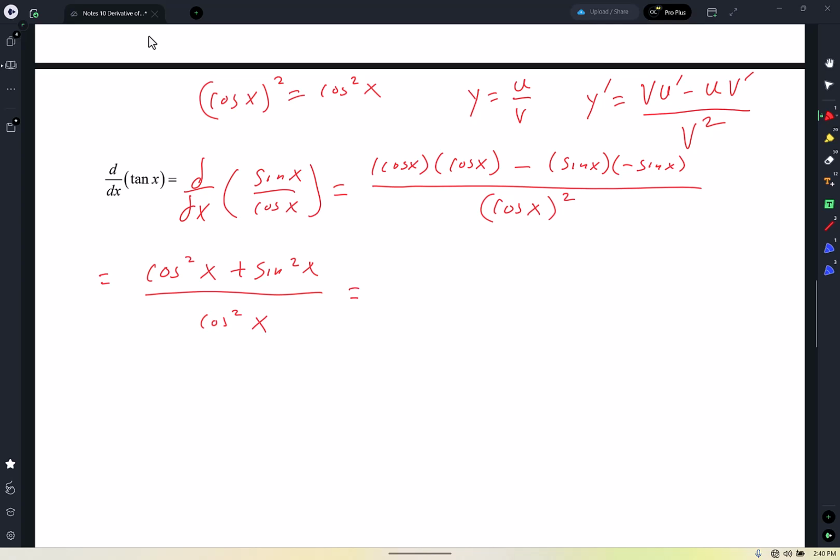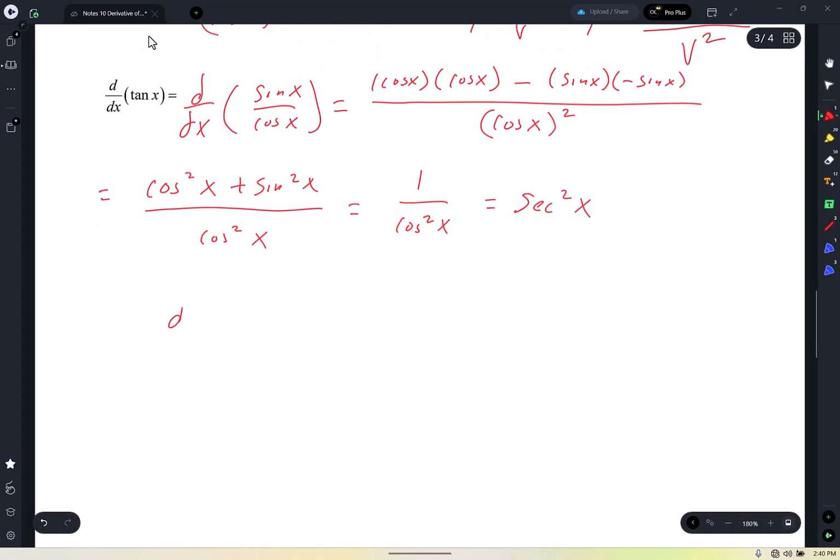And then I see the cosine squared plus sine squared, and that's the same thing as 1. So I have 1 over cosine squared x. And you could leave it like that. But what's 1 over cosine? Secant. But this one's squared, so I'm going to say what? Secant squared x.